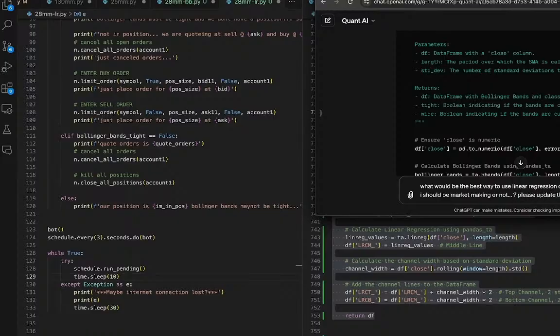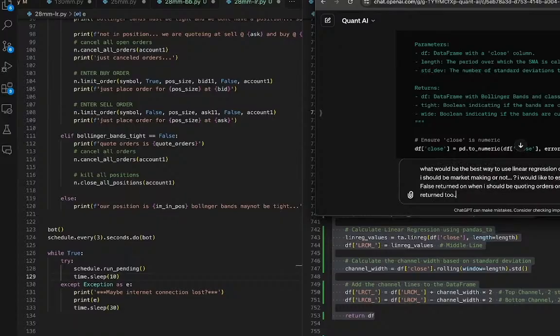Please update. I would like to essentially have a true or false returned on when I should be quoting orders or not, but I still want the DF returned too.